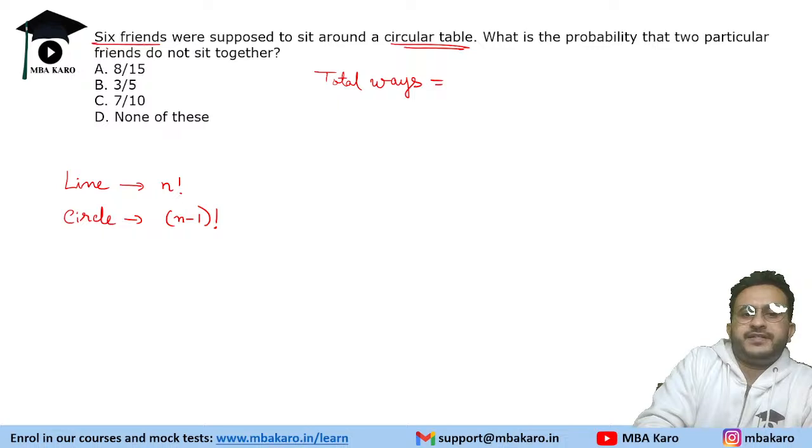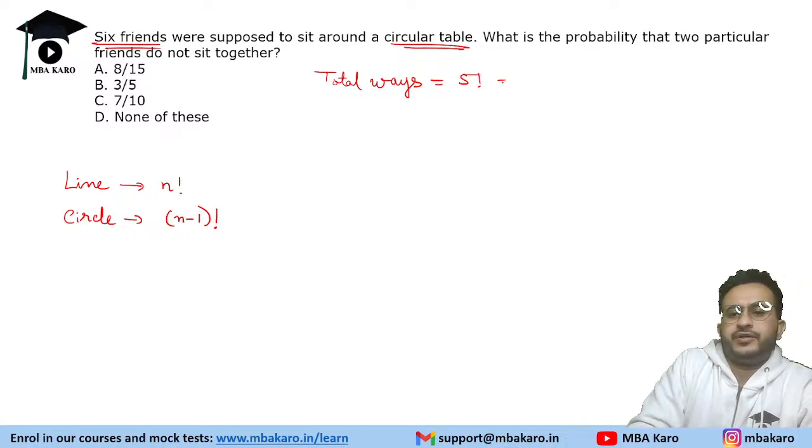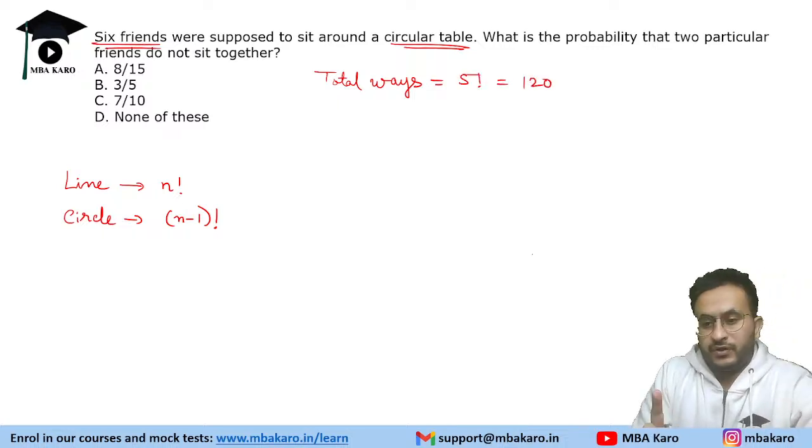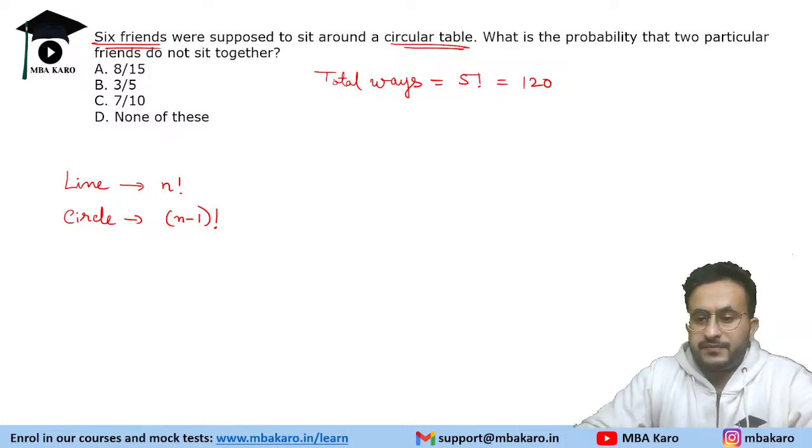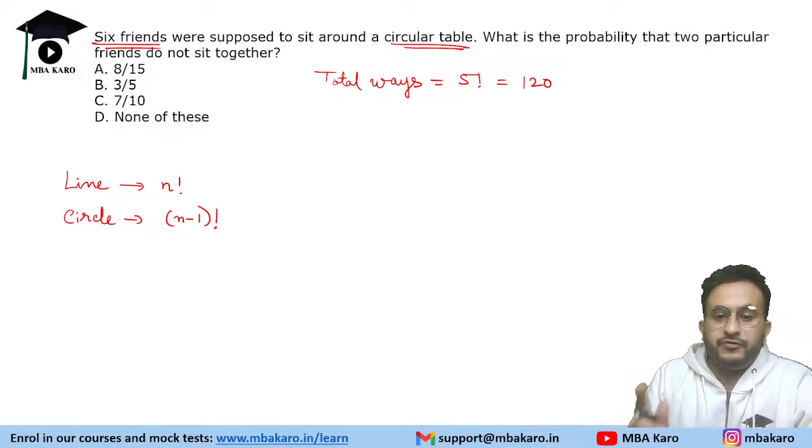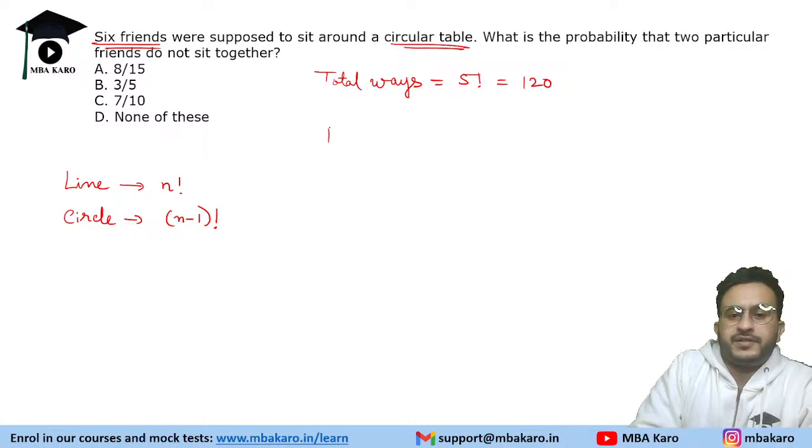There are six friends, so total ways is 5 factorial, which is 120. Okay. Now we need to find the favorable outcomes. Favorable outcomes कितने होंगे?